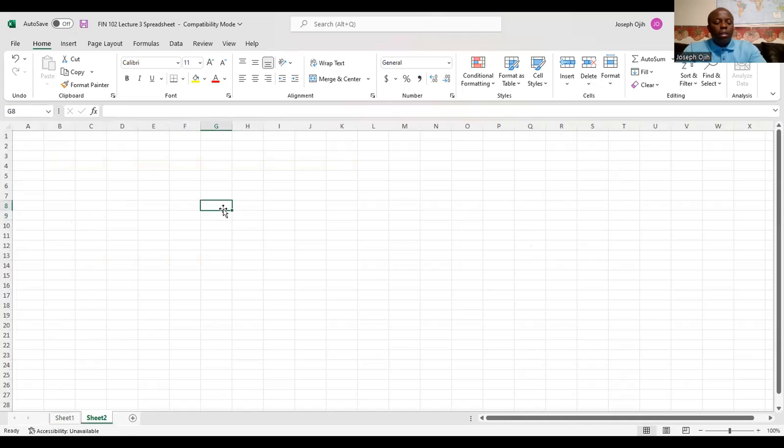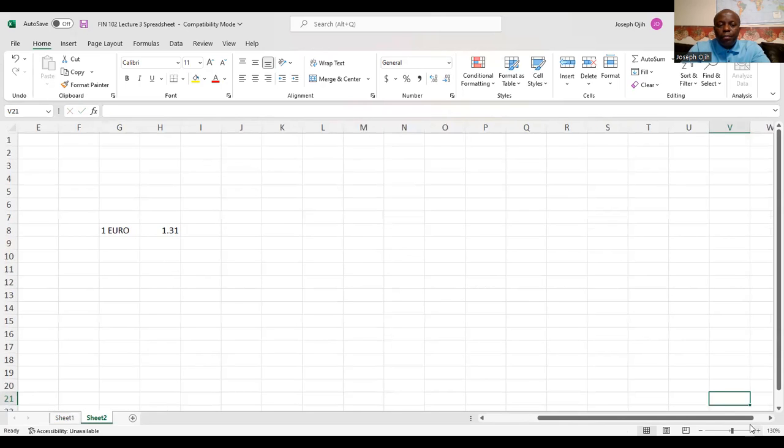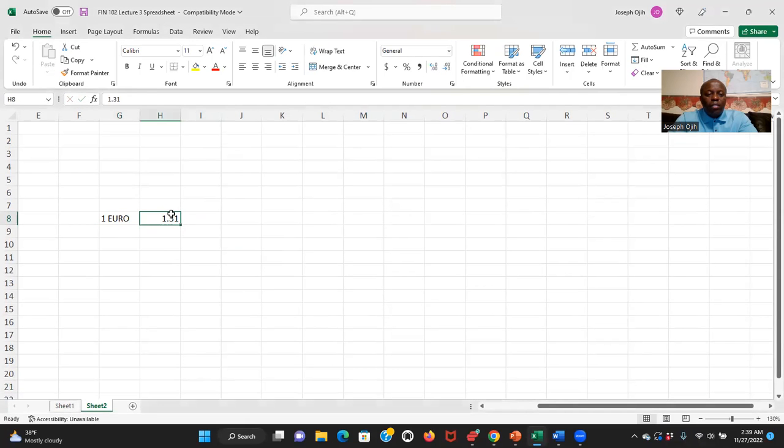If 1 euro buys $1.31, then how many euros can a dollar buy? $1 can buy 1 divided by $1.31, so you get only 0.76 euros.